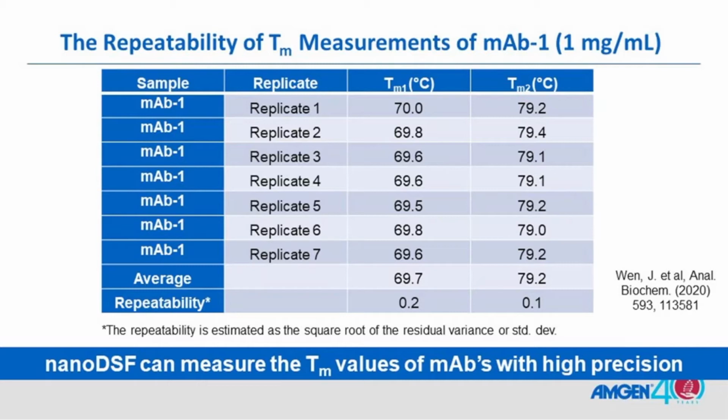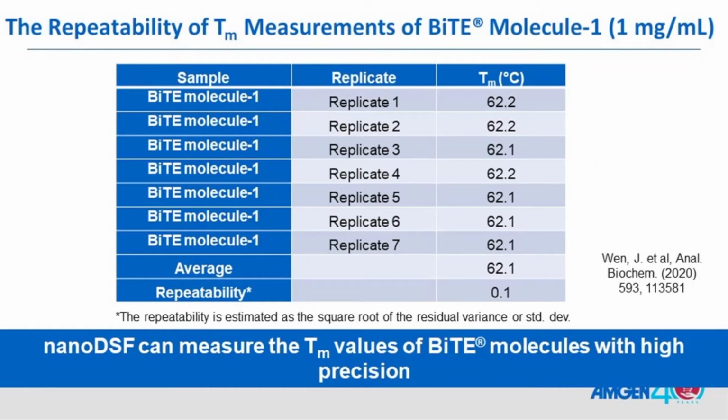So the nanoDSF can measure the Tm value of mAbs with high precision. Here is the repeatability of Tm measurements of bispecific molecules. We also did 7 replicates. The repeatability for the Tm measurements is 0.1 degrees Celsius. So the nanoDSF can measure the Tm value of bispecific molecules with high precision.